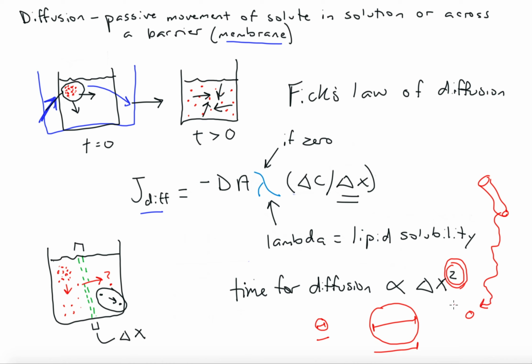We have to have lots of capillaries. So there's a capillary here, and there's a capillary on this side, right? And we get good diffusion because our delta x, this black line, is really small, right? The smaller x is, the shorter the time will be for diffusion, dramatically. Okay.